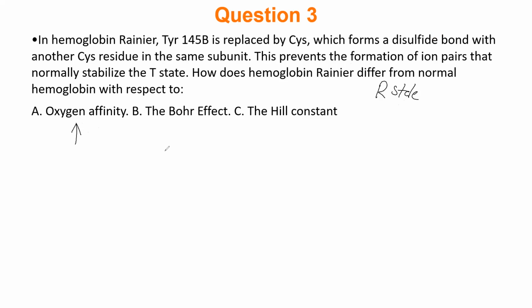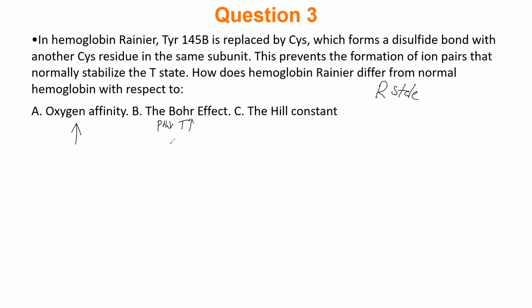So that goes up. The Bohr effect says that under conditions of low pH, the T state is favored. However, I have a mutation that does not allow the formation of the T state.